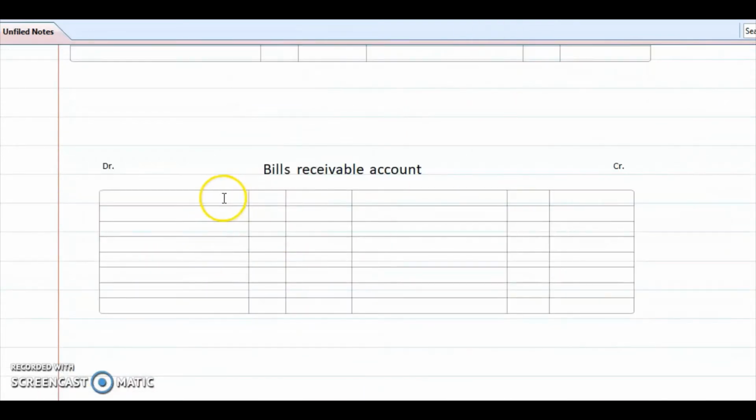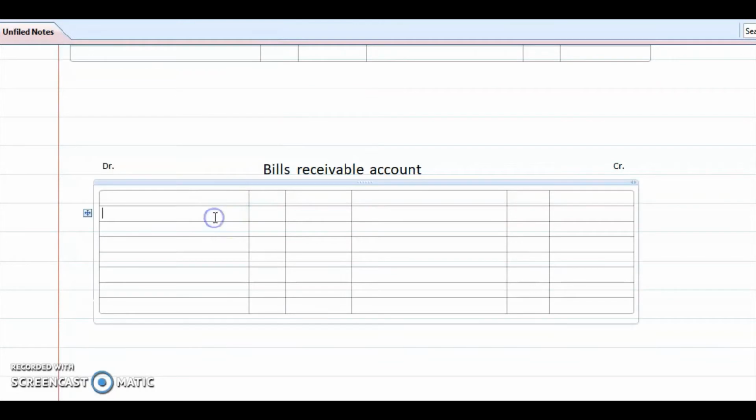In the same way, the bills receivable account also we have to write. Opening here means closing, definitely it will be here. By balance carried down.